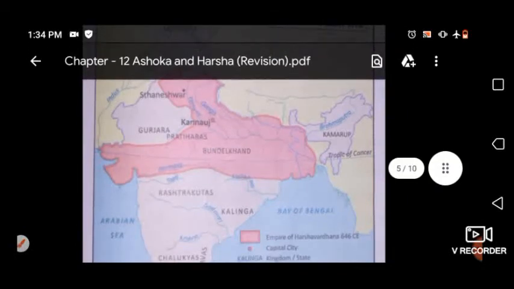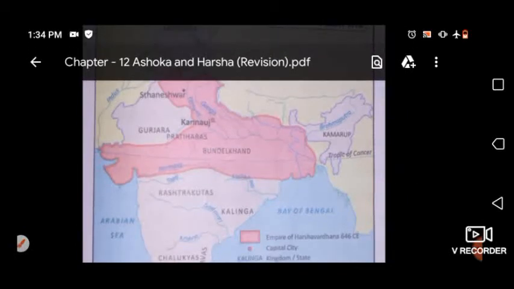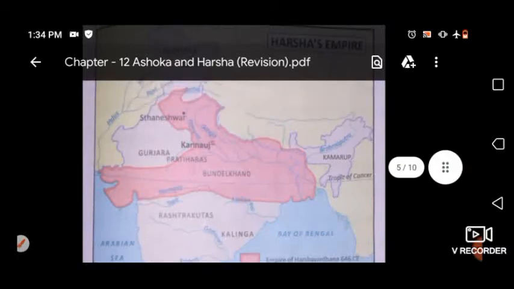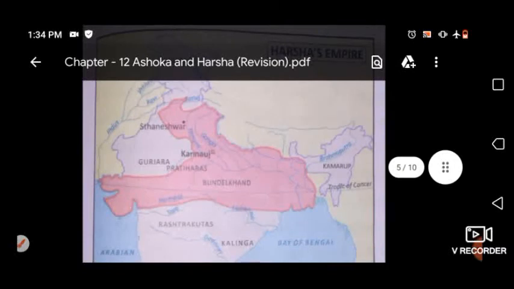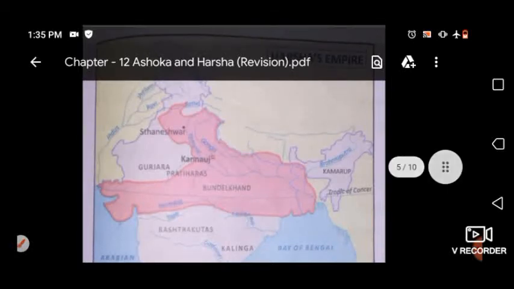Around 1400 years ago, in a place called Thaneshwar, lived a king named Prabhakar Vardhan. He had two sons and a daughter.